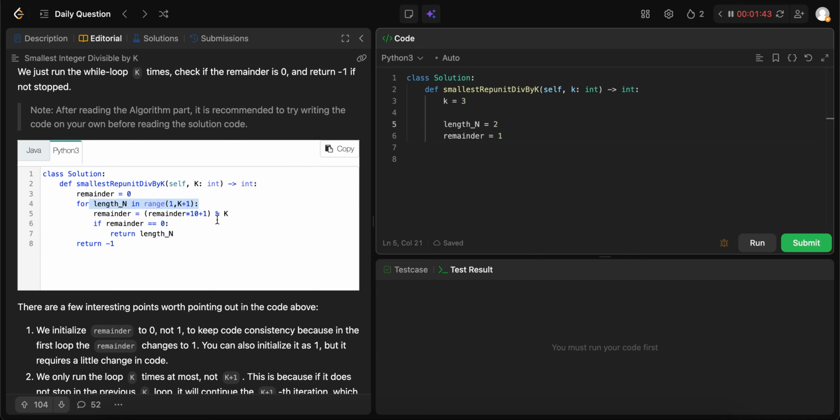The remainder becomes 1 times 10, which is 10 plus 1 is 11. 11 mod 3, which is 2. Okay. And then we finally get 3, where length of n is 3. And then we get remainder, which is 2 times 10 plus 1. Oh, I can't understand why we multiply the remainder by 10.